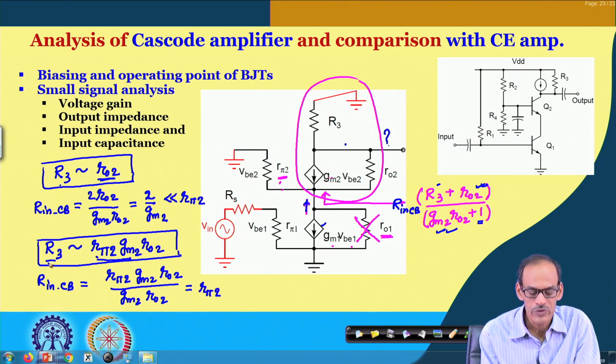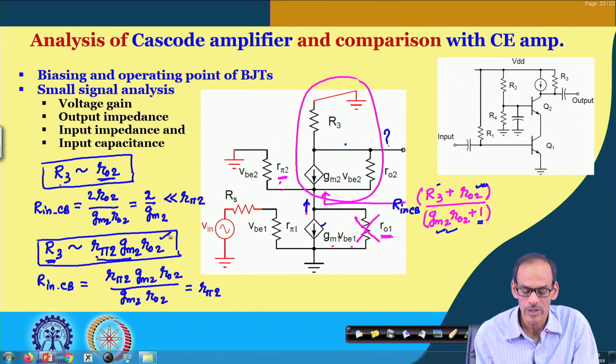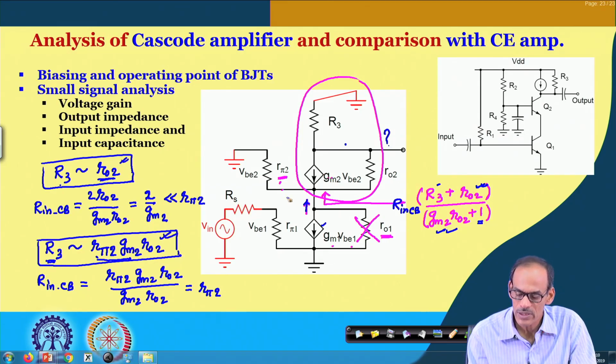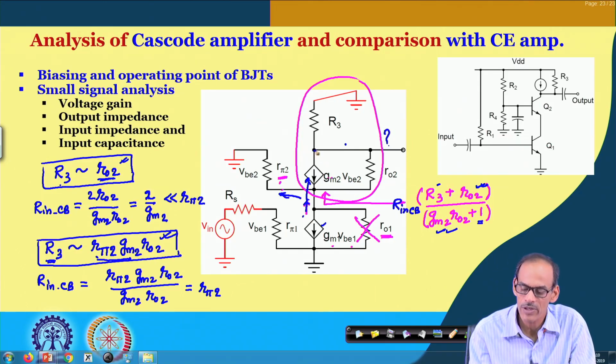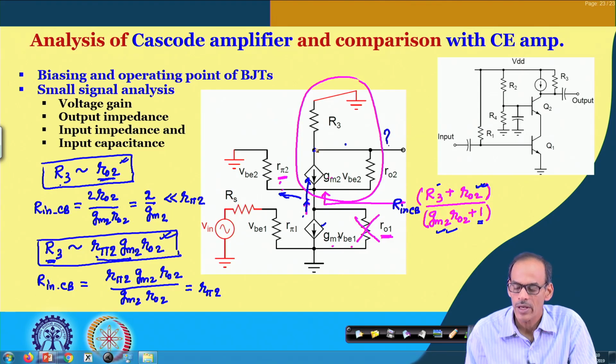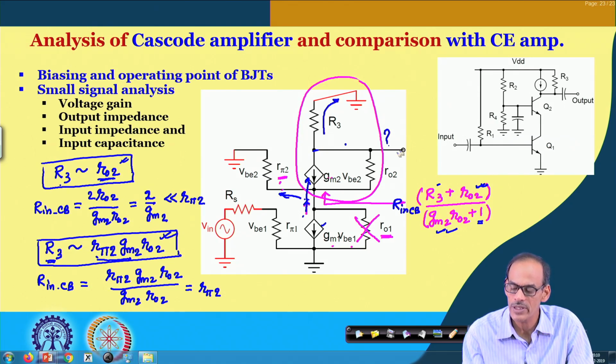So, if R3 is in this order, which is much higher than the previous case, then we may say that half of the current is flowing here and the remaining half of the current is entering there. But even then, you may say that a major part of the signal is coming here, and at least half of the signal is coming there, and once that current flows through this resistance, it develops the corresponding voltage here.